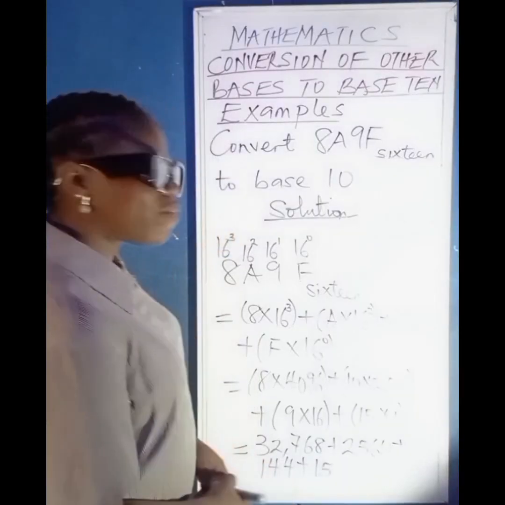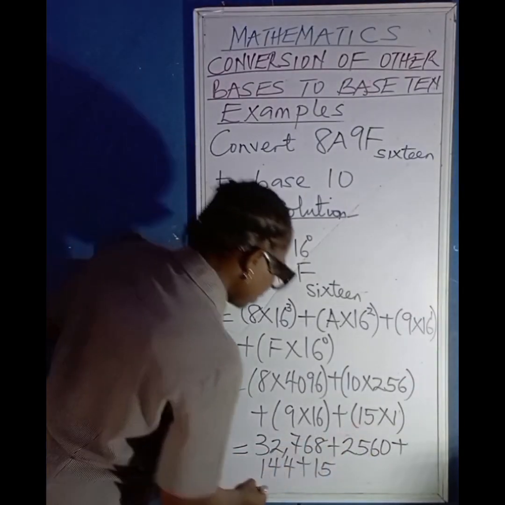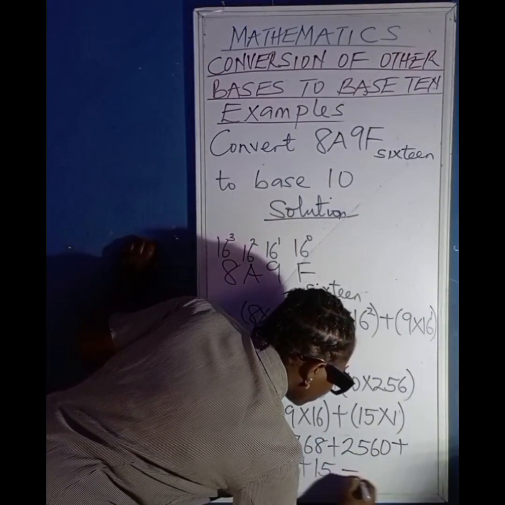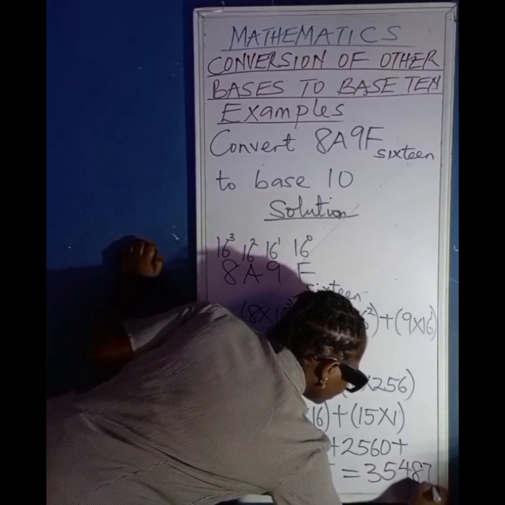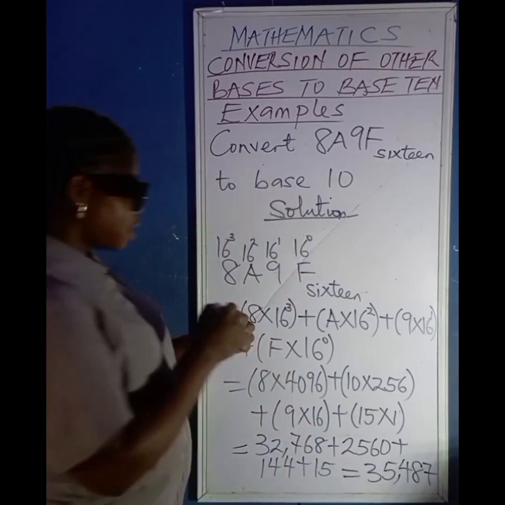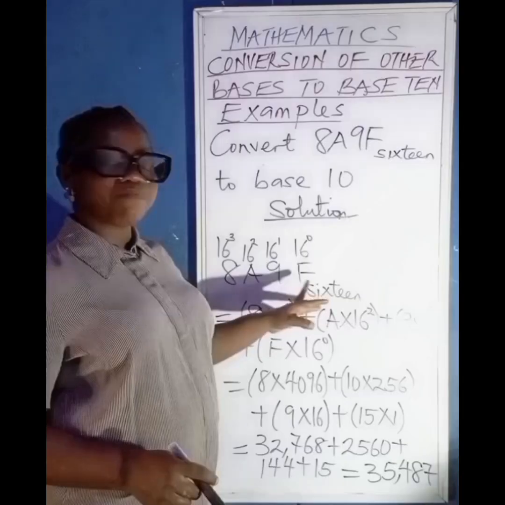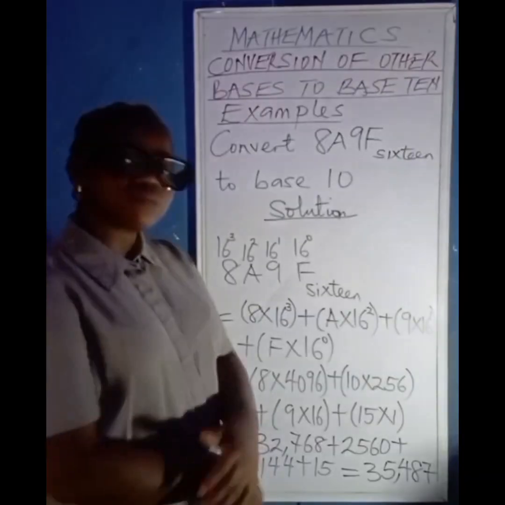We have 35,487. So 8A9F in base 16 is equal to 35,487 in base 10.